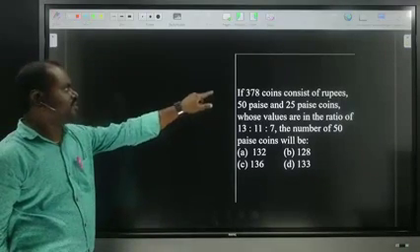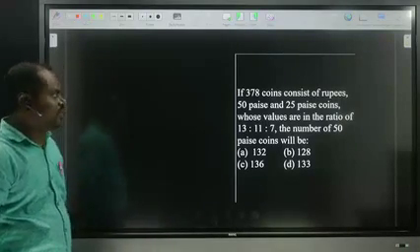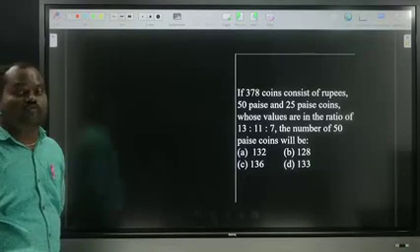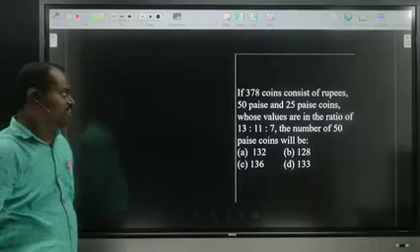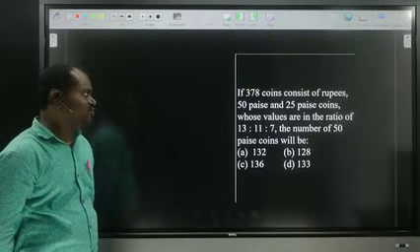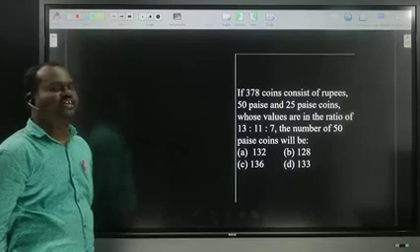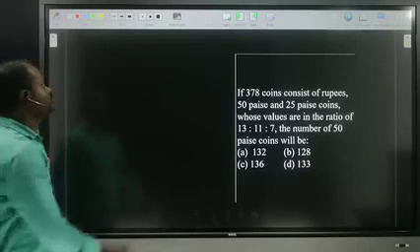If 378 coins consist of 1 rupee, 50 paisa and 25 paisa coins whose values are in the ratio 13:11:7, then the number of 50 paisa coins will be?